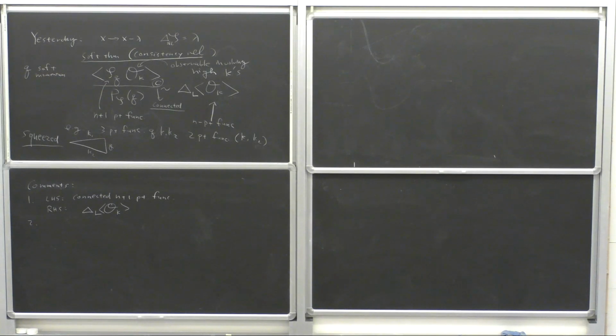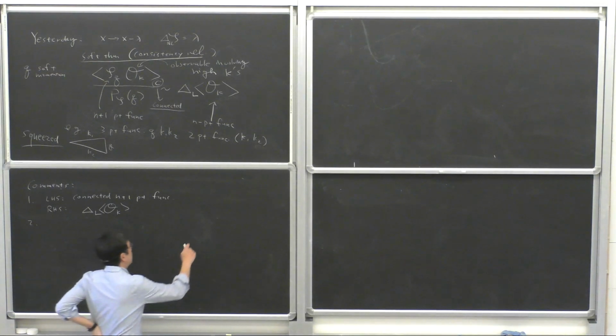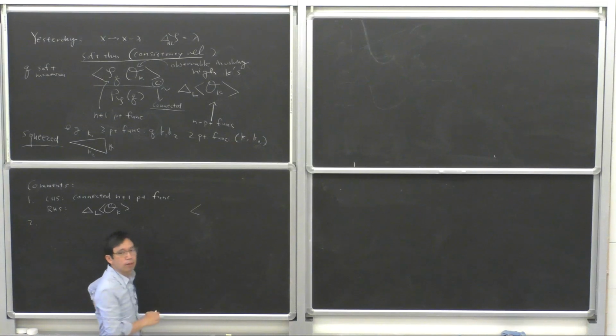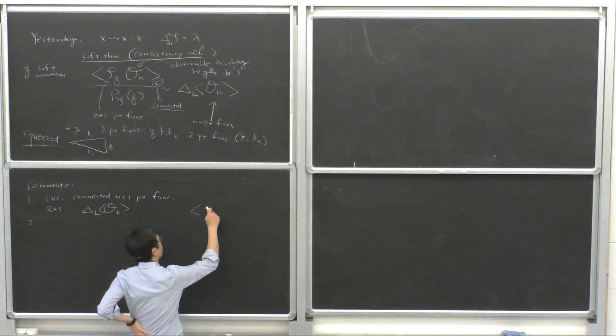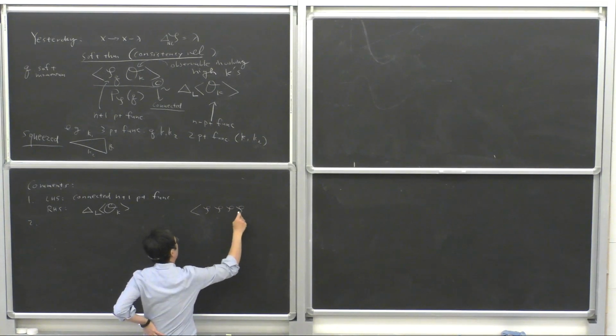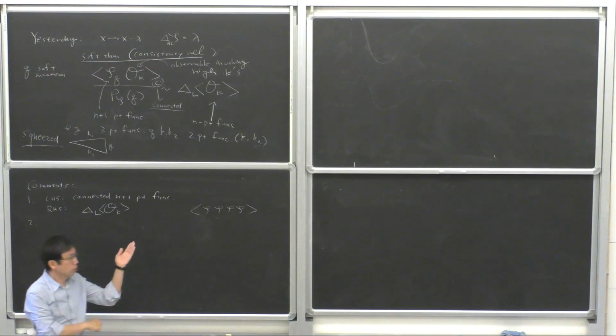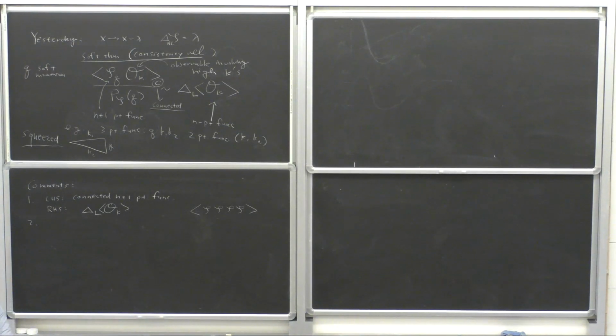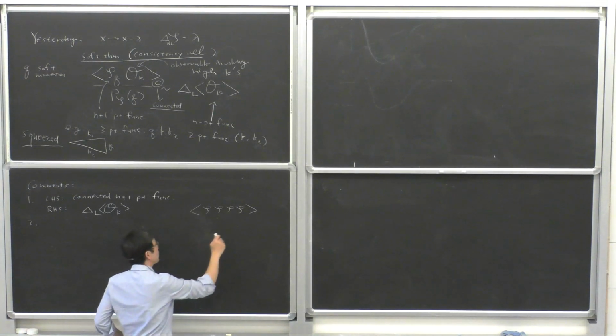Are connected. Let me do a 4-point function. So for example, if I do 4 things, I can compute a 4-point function like that. When I say connected part, what do I mean? I basically mean this.